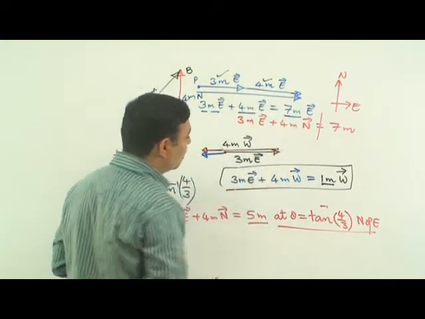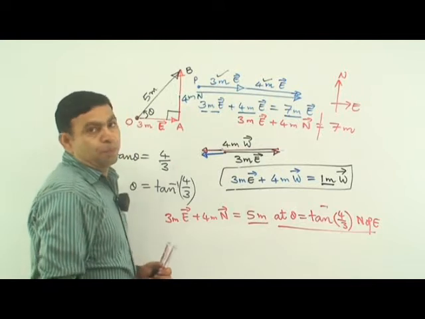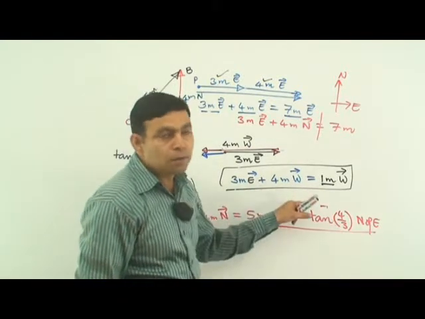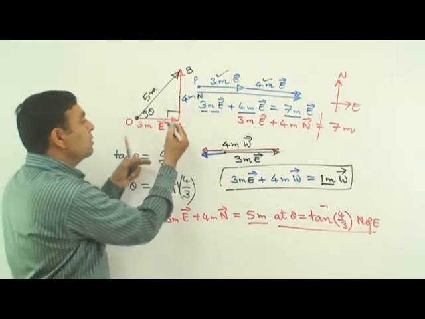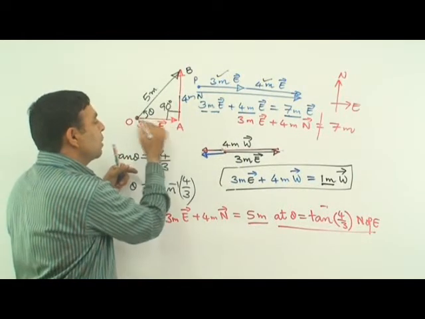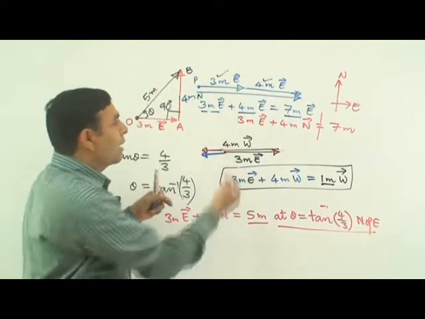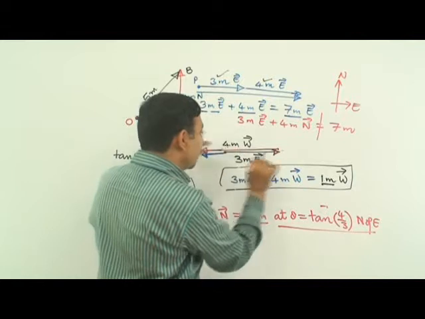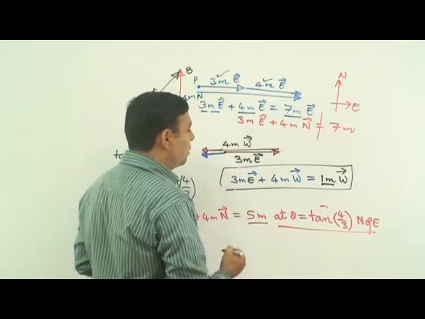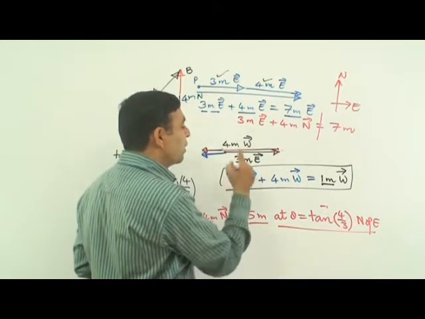Fine. So this way 3 plus 4 could be 1, 3 plus 4 could be 7, 3 plus 4 could be 5. If the angle is 90 degree over here, the 3 plus 4 becomes 5. If the angle is 0 degree, 3 plus 4 is 7. And if the angle is 180 degree, when they are in opposite direction, they are anti-parallel vectors. Over here 3 plus 4 becomes 1.